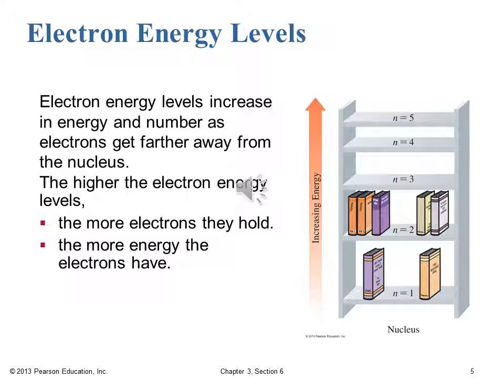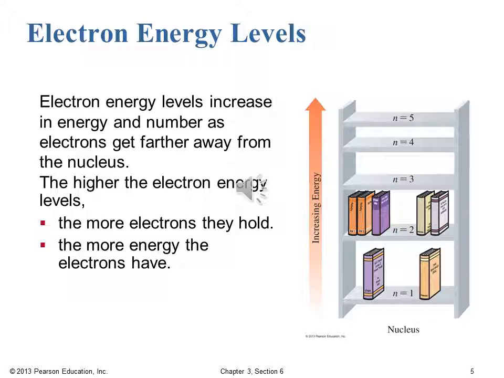As we move up, the shelves get higher. They also get closer together, which ordinarily isn't the case for most bookshelves I've seen, but for this analogy and for the atom itself, that's true. The energy levels get closer together, and it's easier for electrons to move between energy levels as you go up. It doesn't take as much energy to promote an electron, for instance.